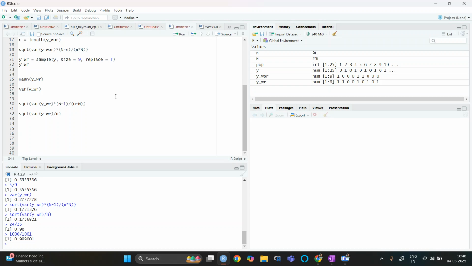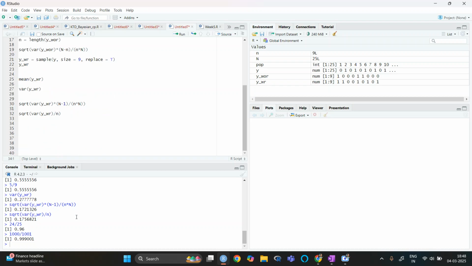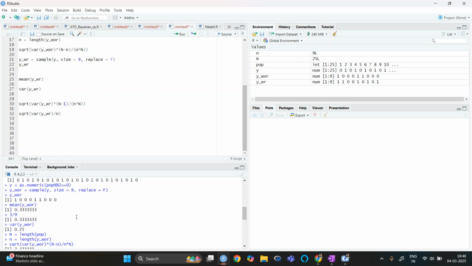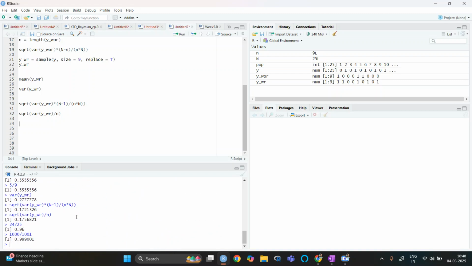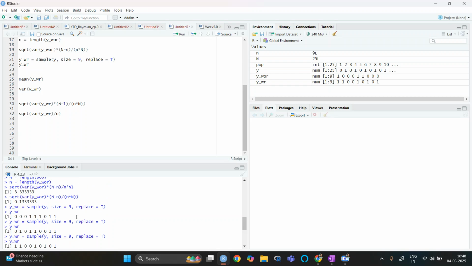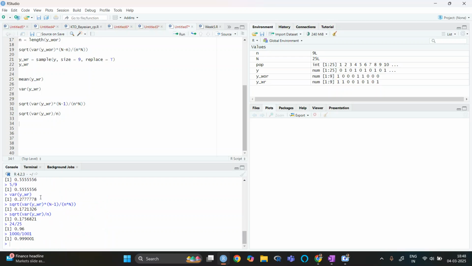Okay, so this was very similar to whatever we have done here. Without replacement, we have seen that it is 0.13.